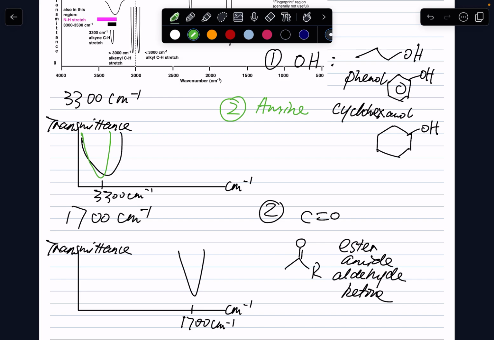So 3,300, but the difference of primary amine and secondary amine is, as you know, that primary amine is attached to 2 hydrogens, right? Whereas the secondary amine is just attached to 1 hydrogen. So because of this characteristic of attaching to 1 extra hydrogen, with the primary amine you will see 2 subpeaks, okay?